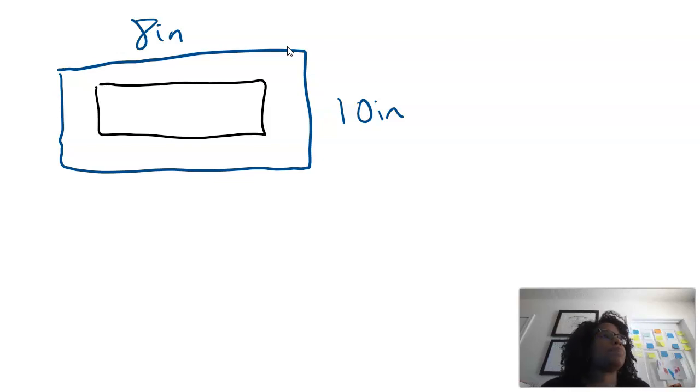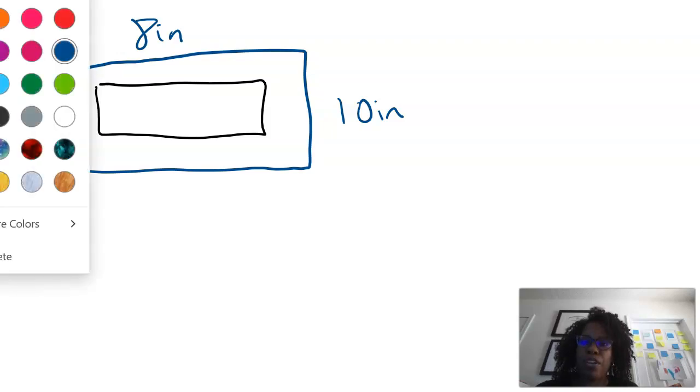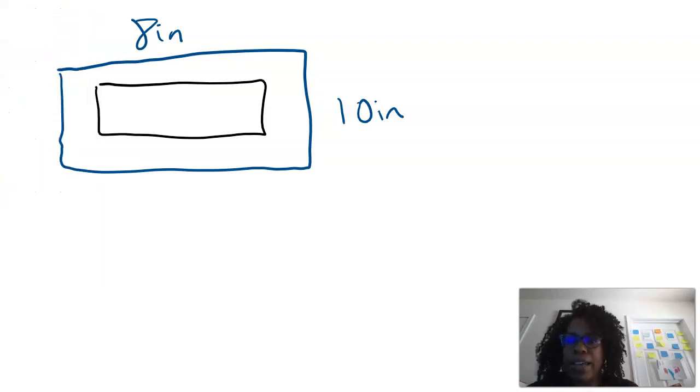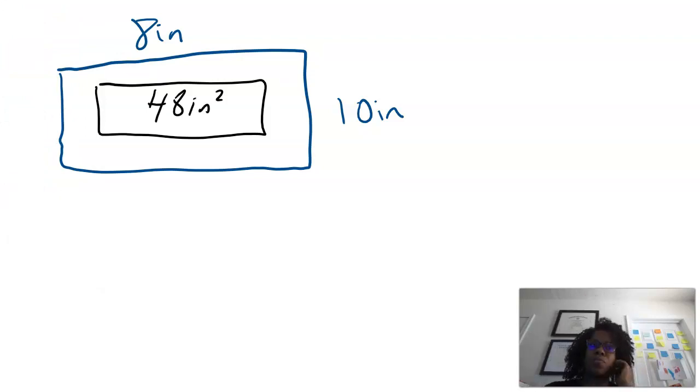The point is, 8 by 10. And then it says the glass on the picture has an area of 48 square inches, so the glass is the black rectangle I've drawn in here, and its area is 48 inches squared. That's how much this covers.